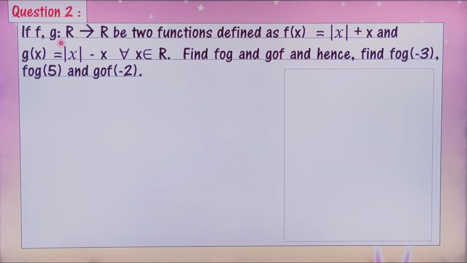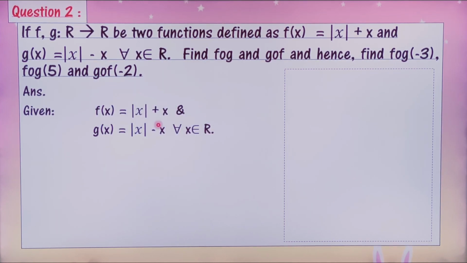If f and g are from R to R, two functions defined as f(x) is equal to modulus x plus x and g(x) is equal to modulus x minus x for every x belongs to R. Find f circle g and g circle f and hence find (f circle g)(-3), (f circle g)(5) and (g circle f)(-2).